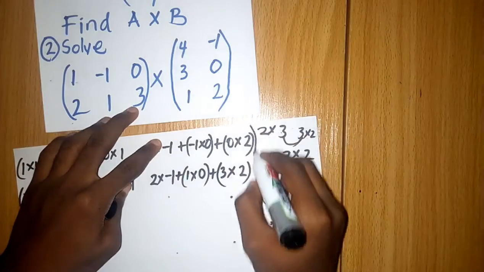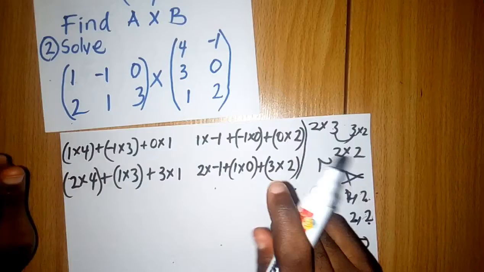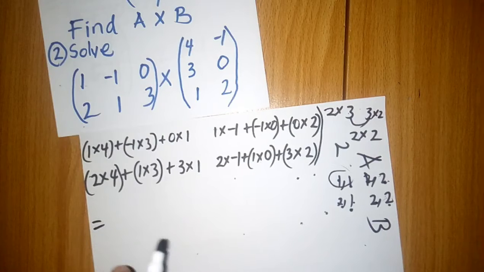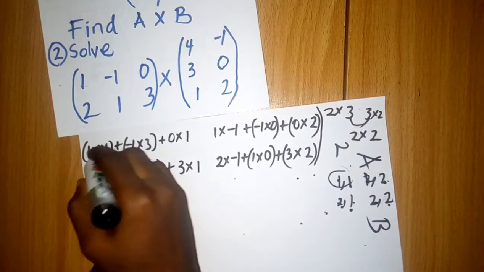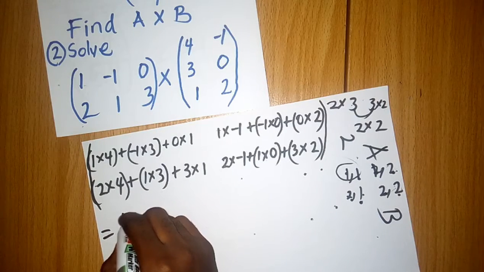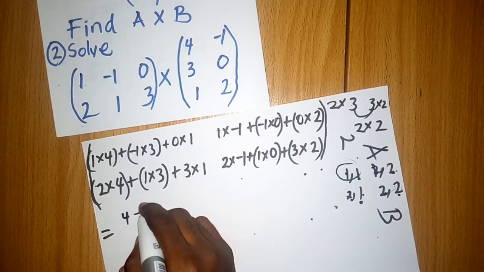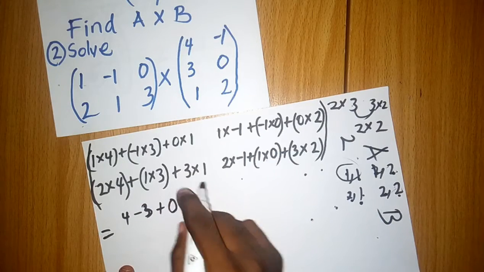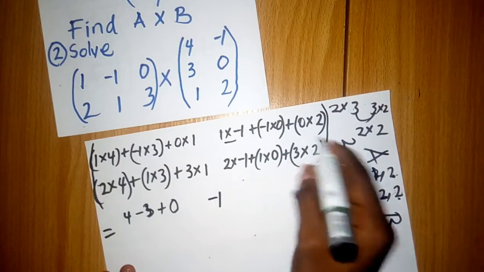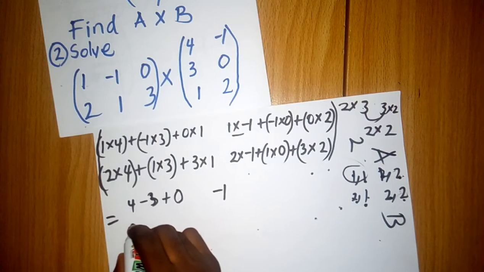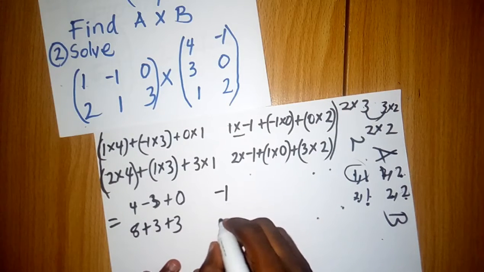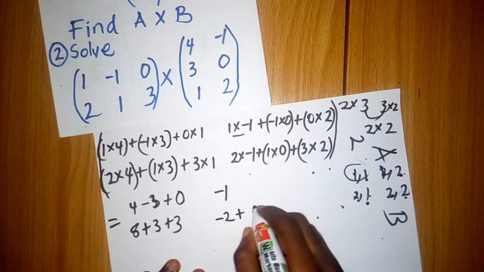So you will begin to see the pattern here. Remembering it this way will make it easier for you. Closing this bracket, this will now become 4 minus 3 plus 0, minus 1 plus 0, 8 plus 3 plus 3, minus 2, 0 plus 6.